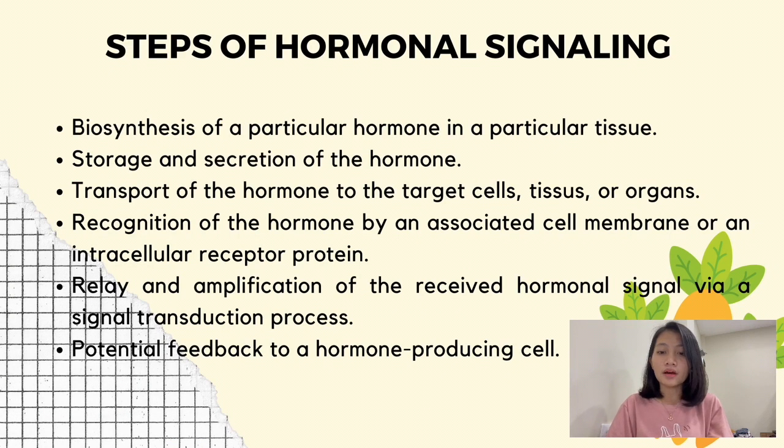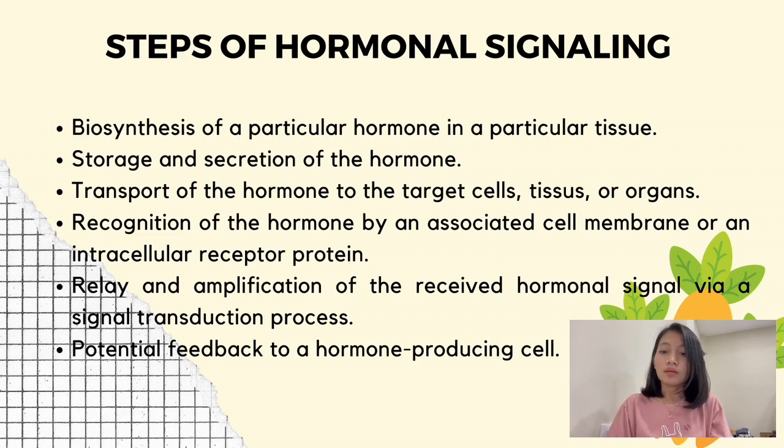These are the steps of hormonal signaling. First is the biosynthesis of a particular hormone in a particular tissue. Second, storage and secretion of the hormone. Third, the transport of the hormone to the target cells, tissues, or organs. Fourth, the recognition of the hormone by an associated cell membrane or an intracellular receptor protein.